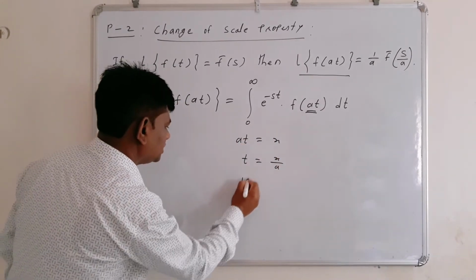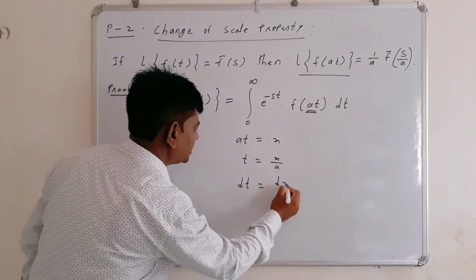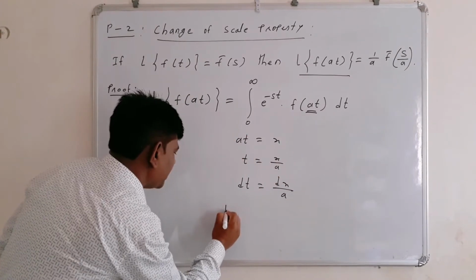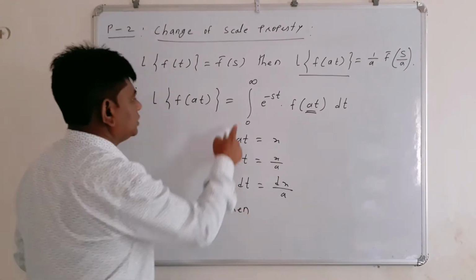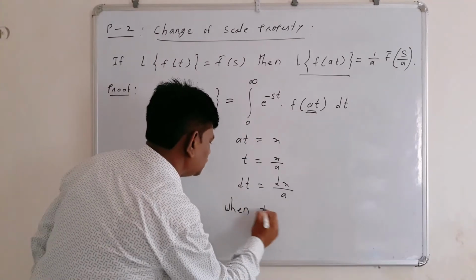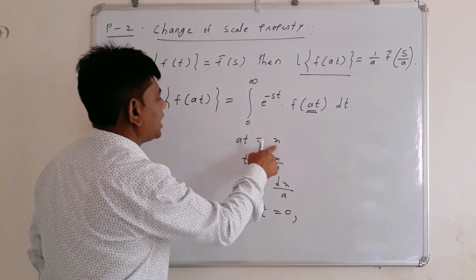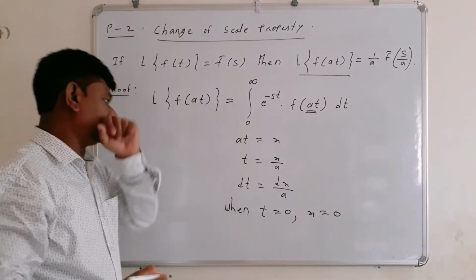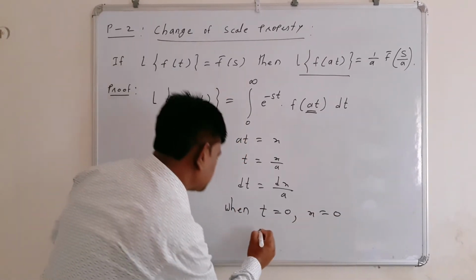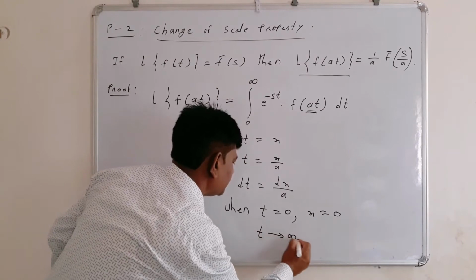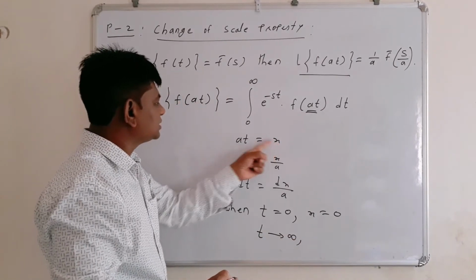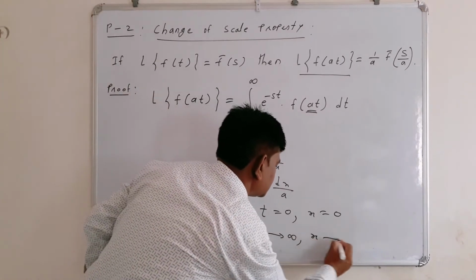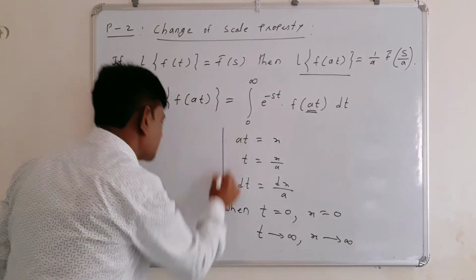Therefore dt is equal to dx upon a, and limits: when t is equal to 0, x is equal to a times 0, means x is equal to 0. Now t tends to infinity, then x tends to infinity, a times infinity is infinity.